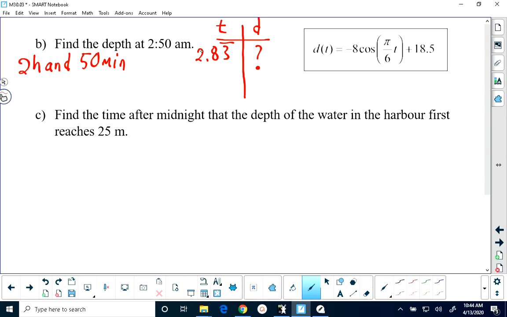However, in question C, you were given the depth of the water, which is 25 meters, and you were asked to find the time. In B, you're given an x and asked to find y. In C, you're given a y and asked to find x. On your calculator, these two questions are answered in two totally different ways. You use a different procedure for each.